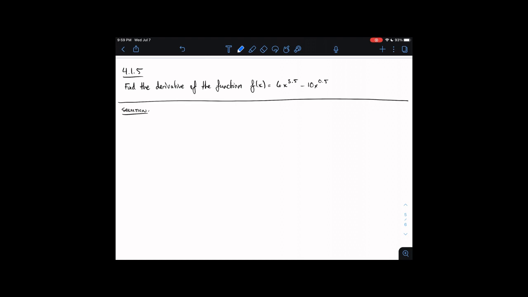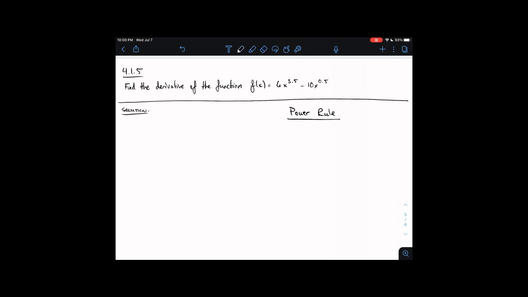So one of the rules that we get, and we're going to use two of them in this one actually, is the power rule. These are very important. So remember when we talk about the derivative of f, we use the notation f prime of x. That's what that apostrophe is there.